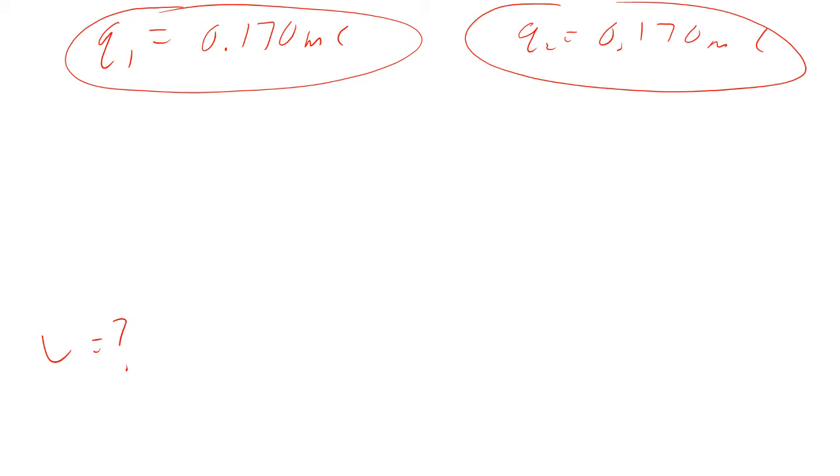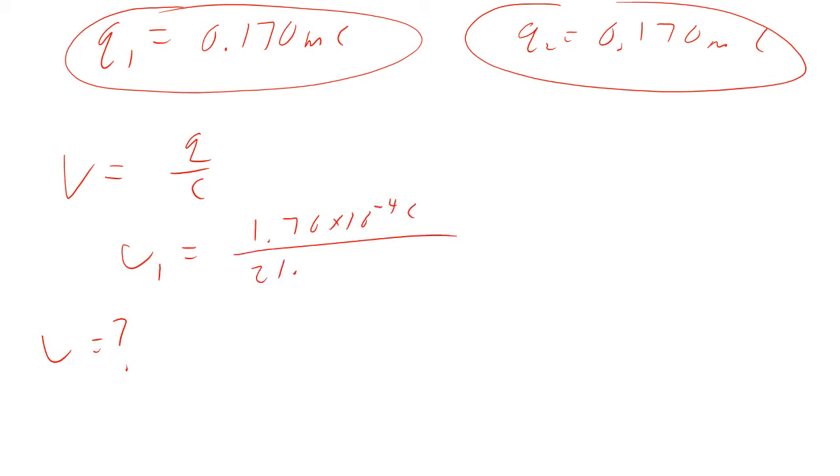Well, we know that V is going to be equal to Q over C. So V1 is going to be equal to the 1.7 times 10 to the minus 4 coulombs divided by the 21.5 microfarads. And so that means that V1 is going to be equal to 7.92 volts.